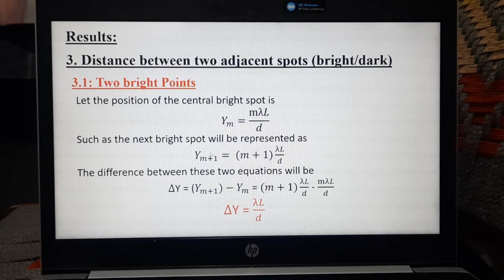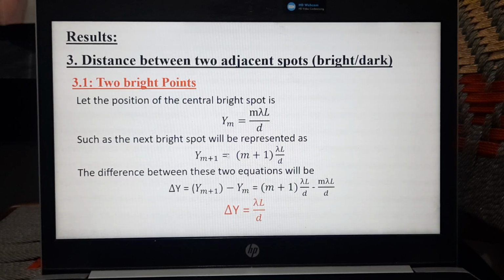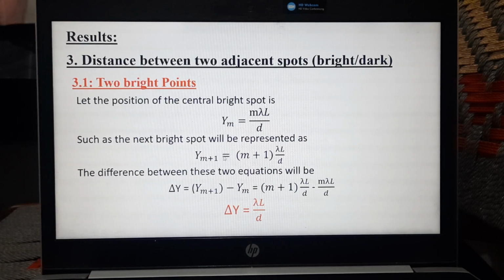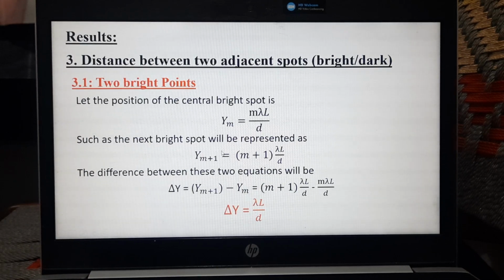So I will write the next bright spot as y m plus 1 equal to m plus 1 lambda L by D. Now, as we intend to calculate the distance between the two adjacent bright spots, I will be taking the difference of these two equations.